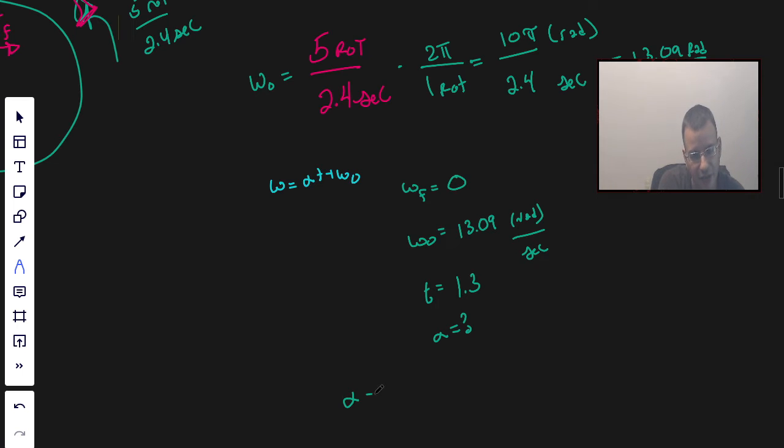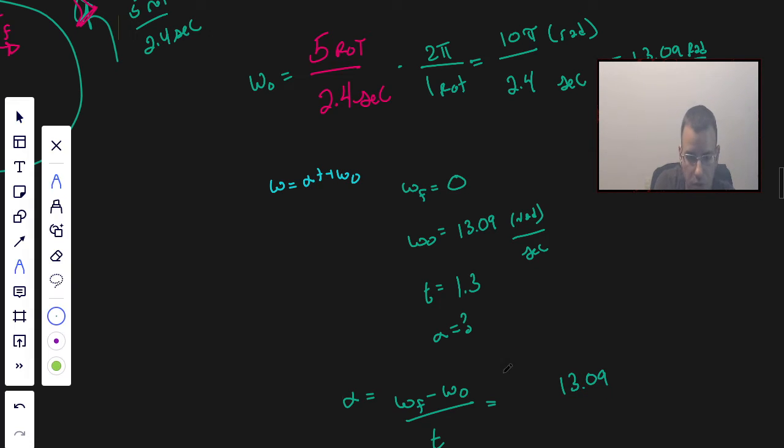So I'm going to say that alpha equals omega final minus omega initial over t, which is going to be 0 minus 13.09, all over 1.3, because we're going to have a negative angular acceleration.